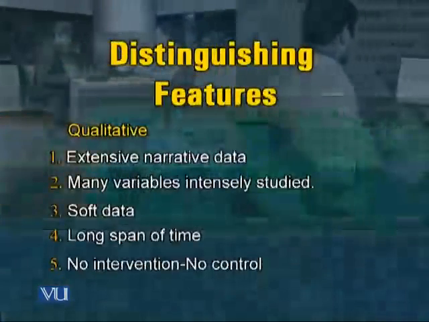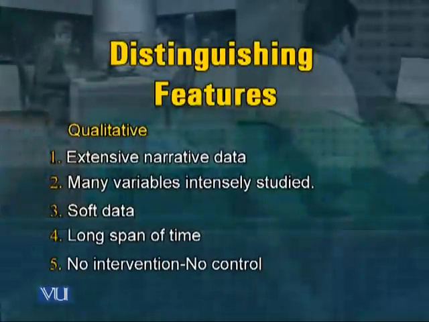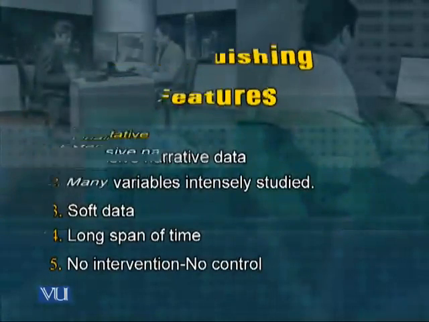The next point is no interventions and no controls. When you are trying to study the qualitative aspect, there is no control in your hands. When you are studying the quantitative things, of course, the control is in your hands, and many variables you can control, many aspects you can control.